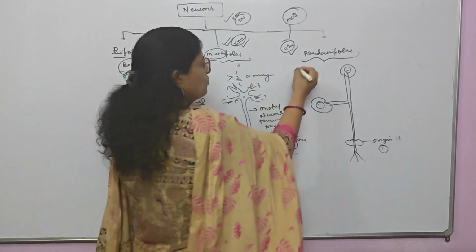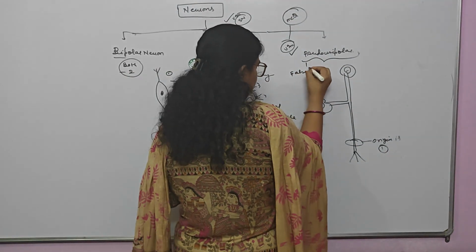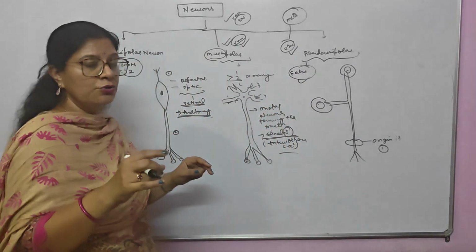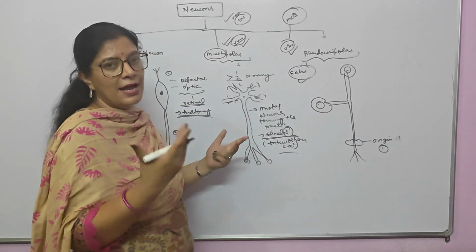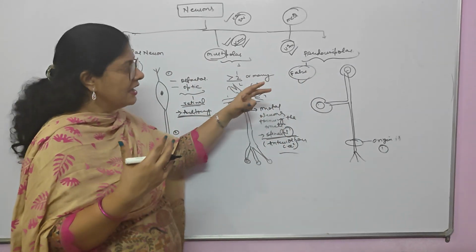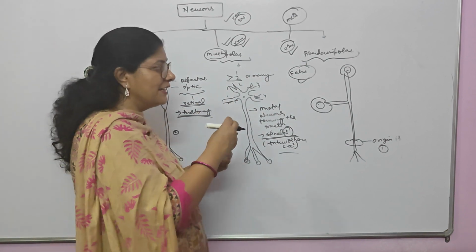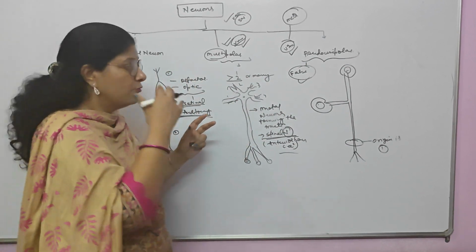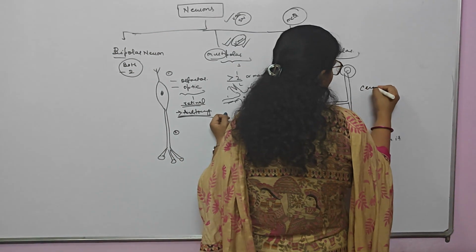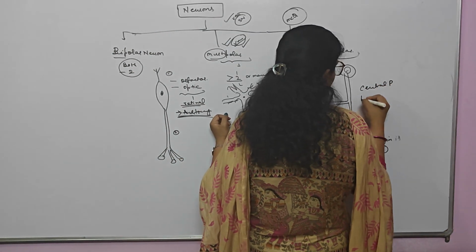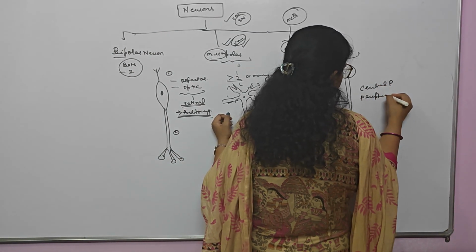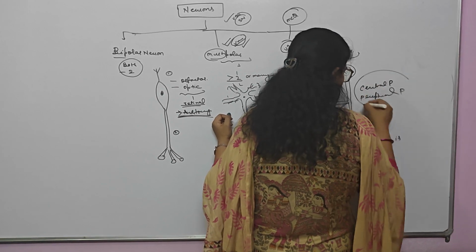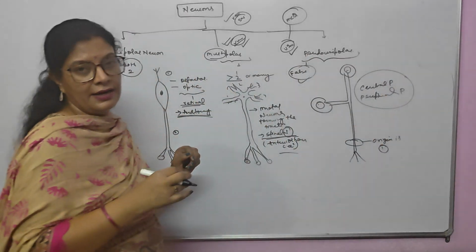That's why pseudo means what? False. So falsely it is showing you that I am bipolar or unipolar, but it has split and formed two processes. What are the two processes? The central process and the peripheral process. So that's why it is known as pseudo unipolar.